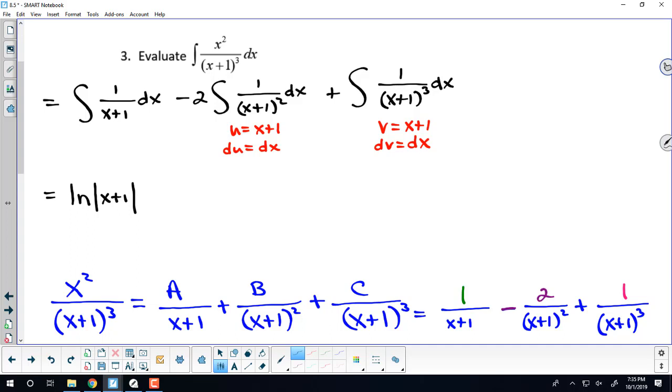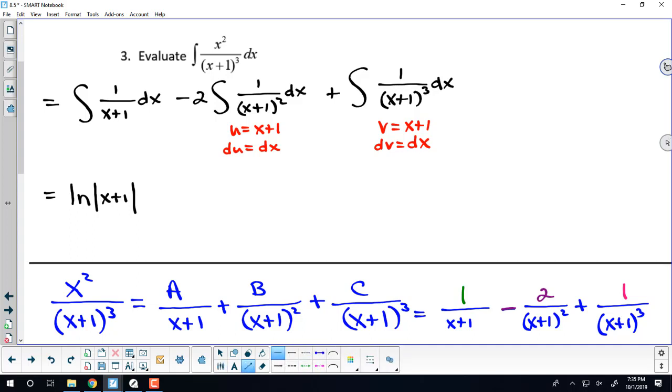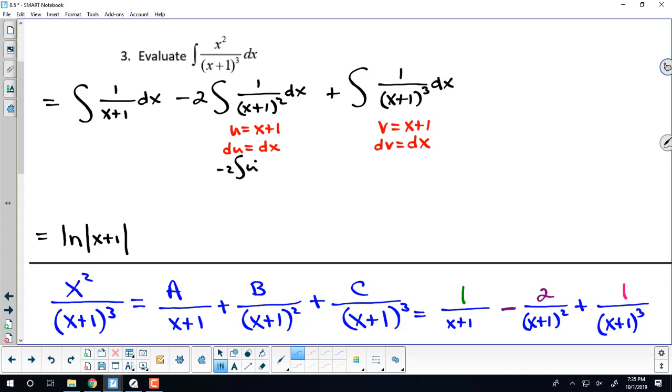I might run out of room. This is -2 times the antiderivative of 1 over u squared, or u to the -2. That's -2u to the -2 du, and this is u to the -3 du. So that's u to the -1 over -1, so we've got a positive 2.